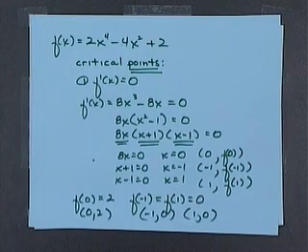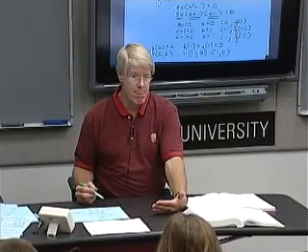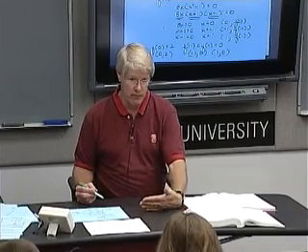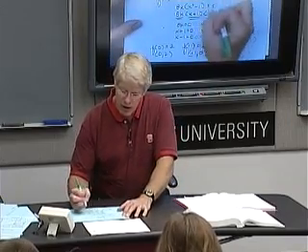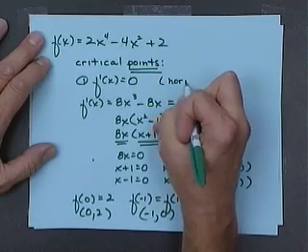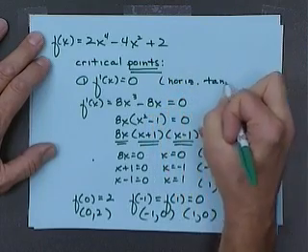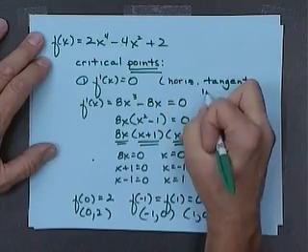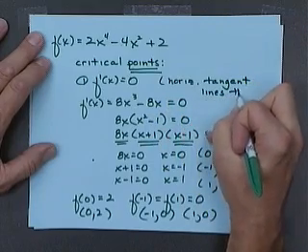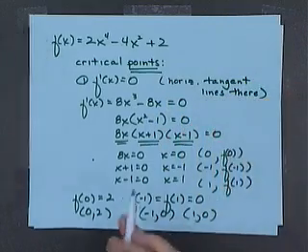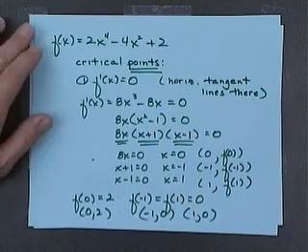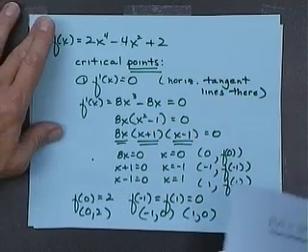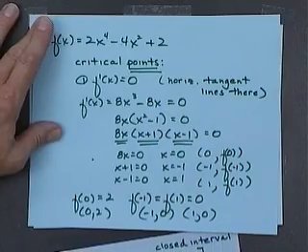Now, if the derivative is 0, that means the slope of the tangent line is 0, which means it's what kind of a tangent line? Horizontal, right? So there are horizontal tangent lines there for this particular kind of critical point. Back to our picture. Any question about anything that's there?